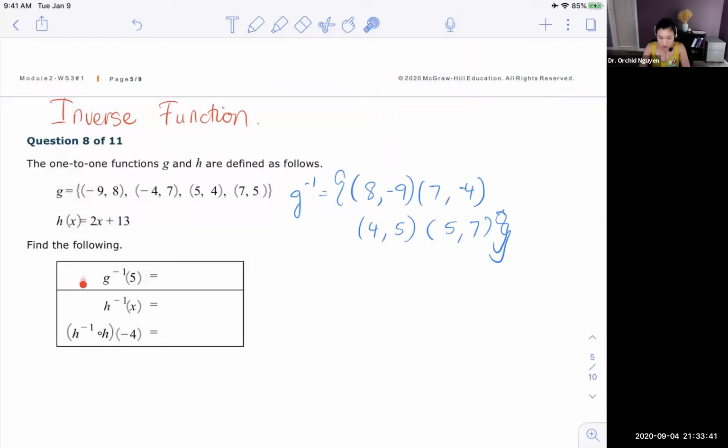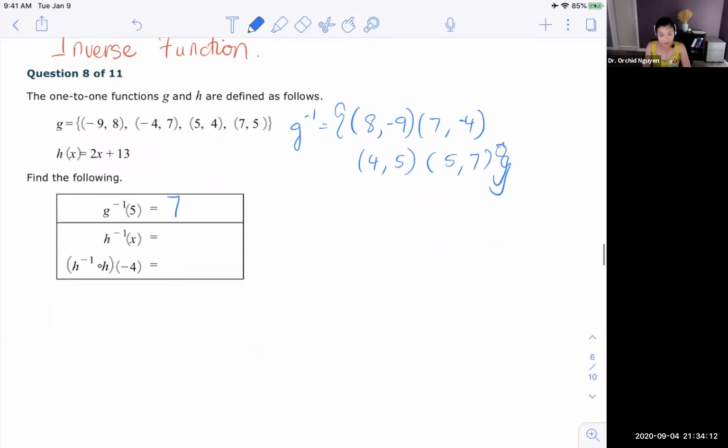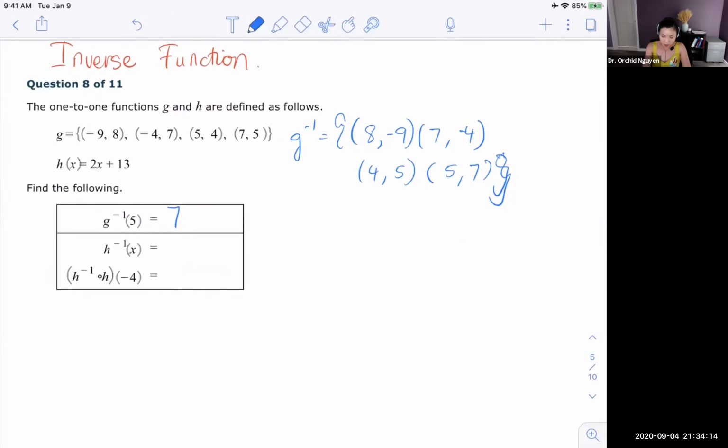They're asking you what is the inverse of 5. So g inverse of 5, you're looking at this one right here. So that's going to be 7. Don't get confused with the x and the y, because we interchange x and y's here. Before I find the inverse, I want to make a remark.